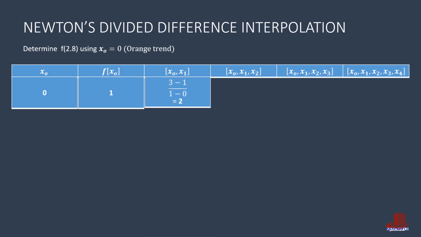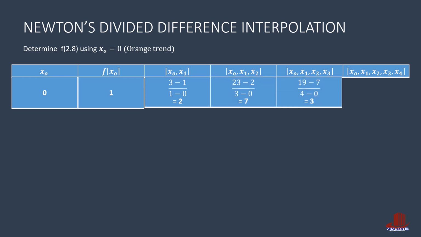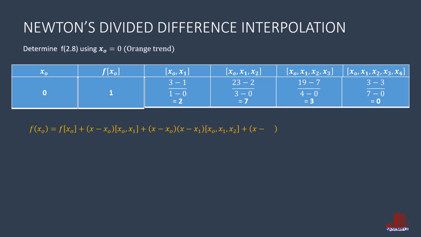The second coefficient is 7, followed by 3, and lastly by 0. These are the coefficients that will be plugged in the pattern equation as written, where each coefficient is multiplied by an iteration of x minus x0, x minus x1, and so on.